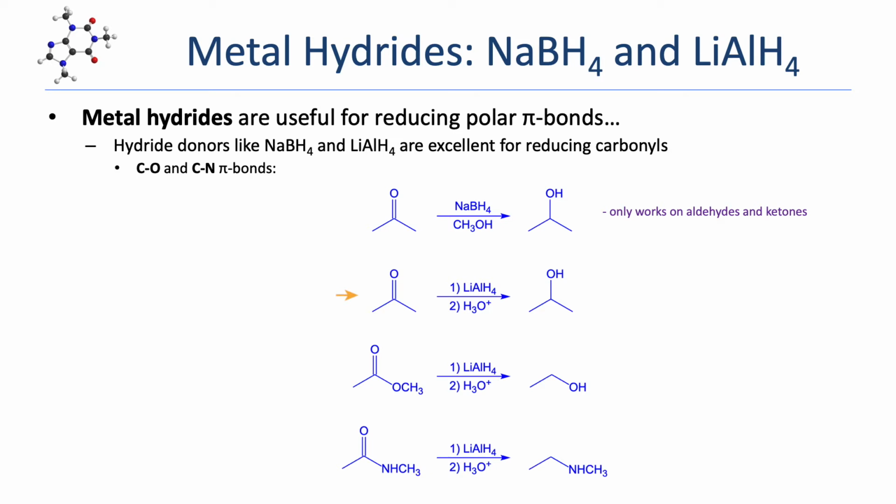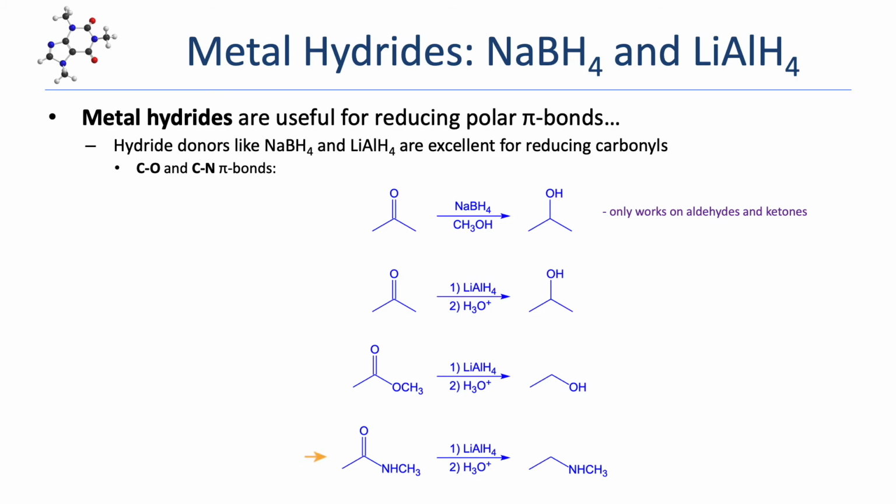Aldehydes and ketones can also be reduced using the more powerful lithium aluminum hydride. Remember that lithium aluminum hydride is incompatible with protic substances like water and alcohols, and the reaction must therefore be quenched with acid in a second, later step. Lithium aluminum hydride can be used to reduce any carbonyl type. Here, we see an example of an ester reduced with lithium aluminum hydride to give an alcohol.